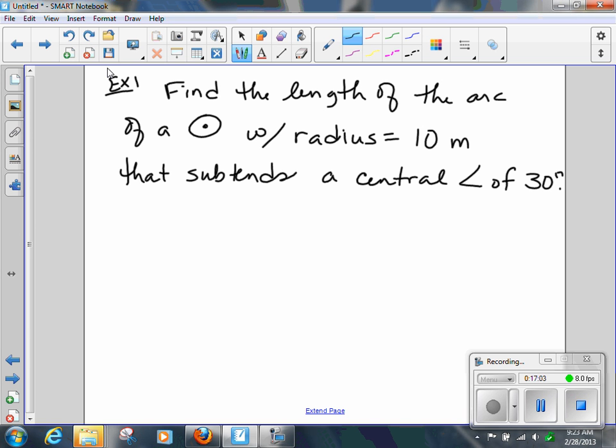I'm going to show you what that word means here in just a second. It's kind of like a trig word for intercept that we used in geometry.